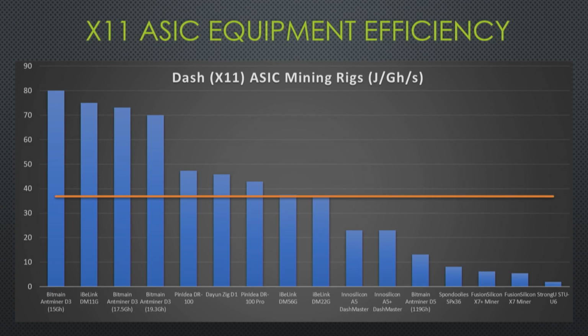I did the same calculation here for X11, which is the Dash proof-of-work algorithm, and their efficiency benchmark averages out in joules per gigahash per second, around 30 to 40. And chances are, looking at this graph, most likely all the miners do not belong to this group, so it would be a smaller percentage of the network, and the most efficient ones might also be a small percentage.